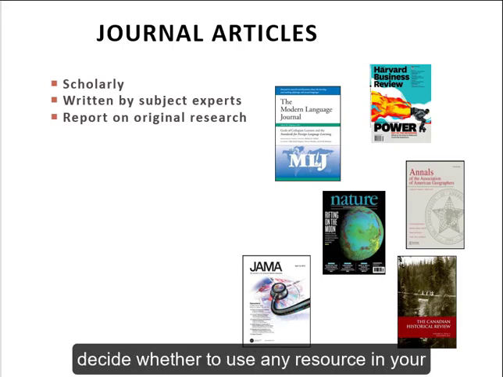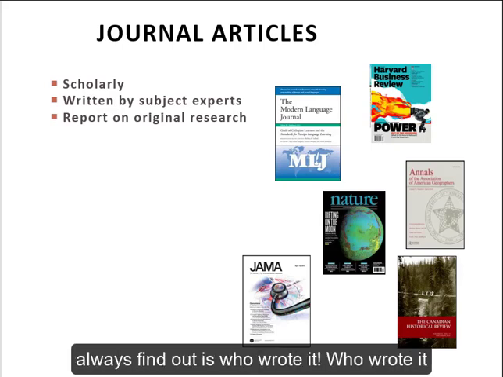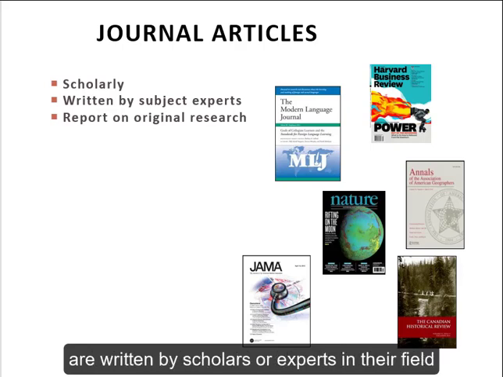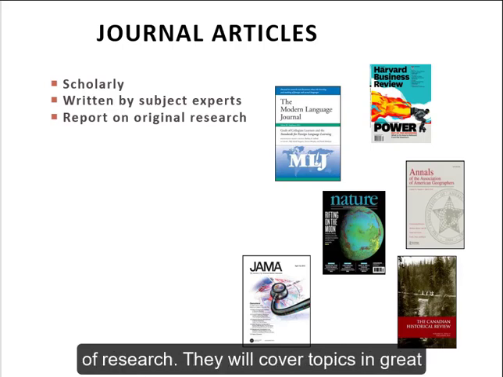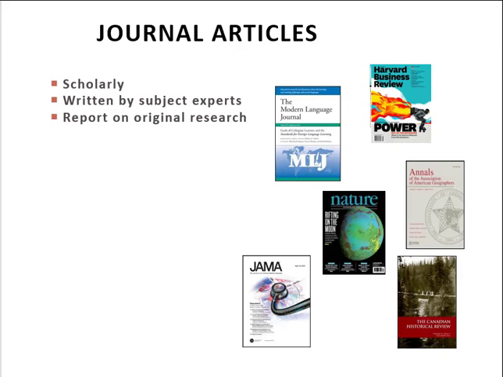When you are trying to decide whether to use any resource in your academic papers, the first thing you should always find out is who wrote it. Who wrote it and what are their credentials? Journal articles are written by scholars or experts in their field of research. They will cover topics in great detail and will often make complex arguments.